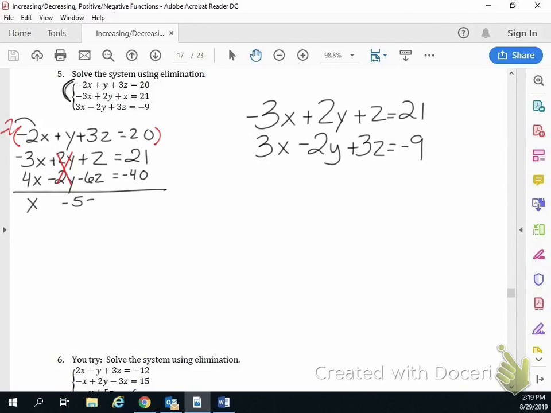Negative 5z. And 21 minus 40? Negative 19. Alright. Going to the second one over here. Like Noel said, the y's already canceled. I don't have to do any work on this one other than going down.